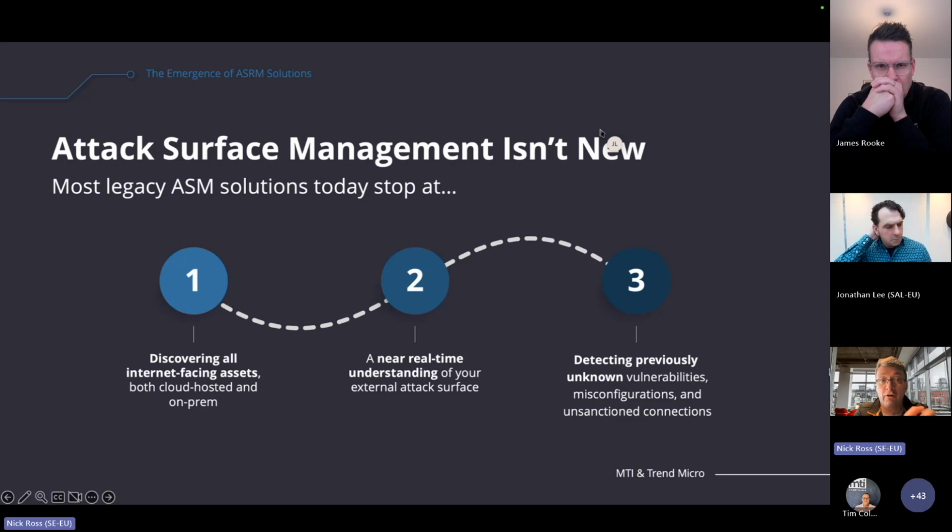What we often find also with legacy attack surface management tools is that they're not necessarily real time and up to date. And as we know, the threat landscape is constantly evolving. What isn't necessarily a priority today could be a high priority tomorrow. And if you're basing your tooling, your capability on information that could be days or weeks out of date, then is that actually making you effective at what you do?